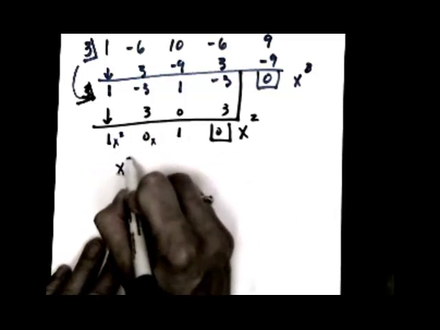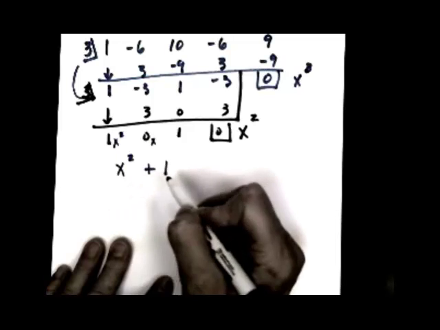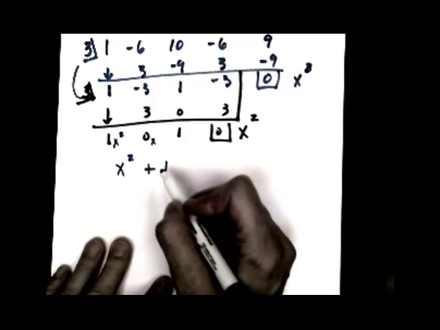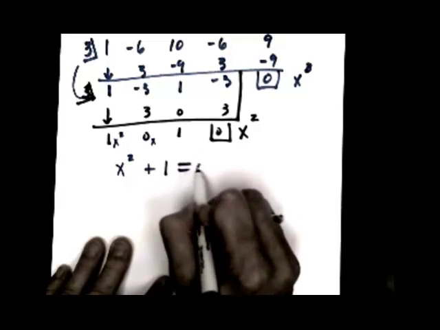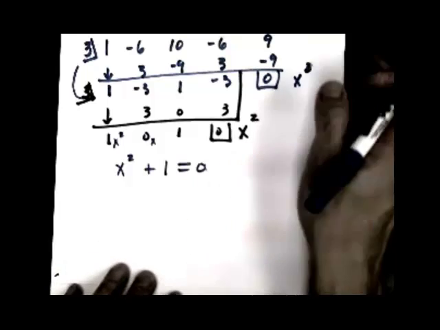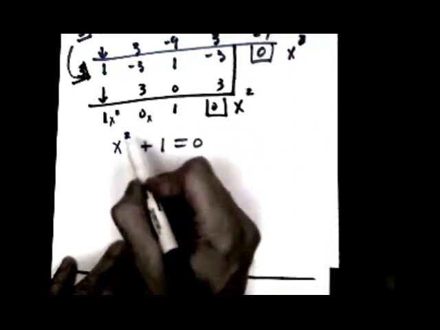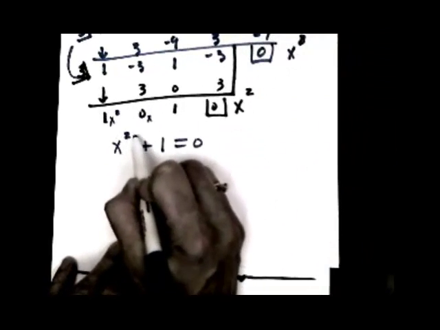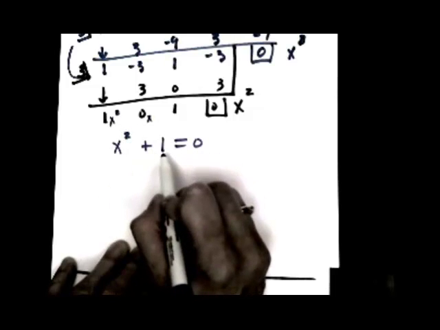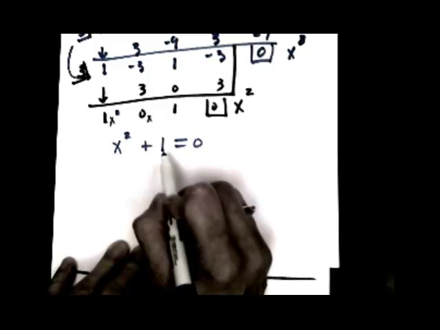Now you have an equation, x squared plus 1, and you want to always get down to a second degree because that gives you a quadratic equation that we can solve by factoring, the square root method, or the quadratic formula. When you set that equal to 0, remember this 2 indicates that you're going to get 2 answers out of this. Since you've got a square and a constant, I would use the square root method.